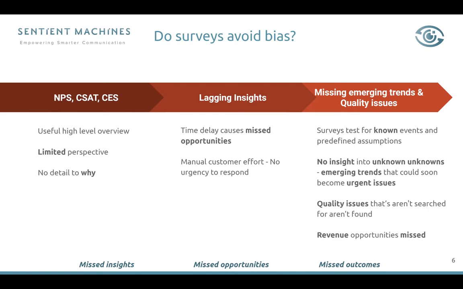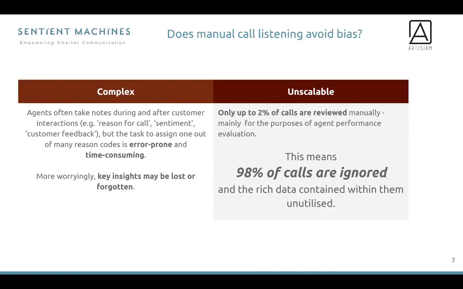If we look at the other side of the coin from an agent perspective, in terms of quality, that too is super important, because not only are you asking how did you get on, did you get everything you wanted, etc., but you also need to know from an agent quality perspective that those things have been serviced in a particular way. So for us, yes, there are missed insights. Those missed insights mean there are missed opportunities, and those missed opportunities mean there are missed outcomes. And that's a big thing. That's a really big thing.